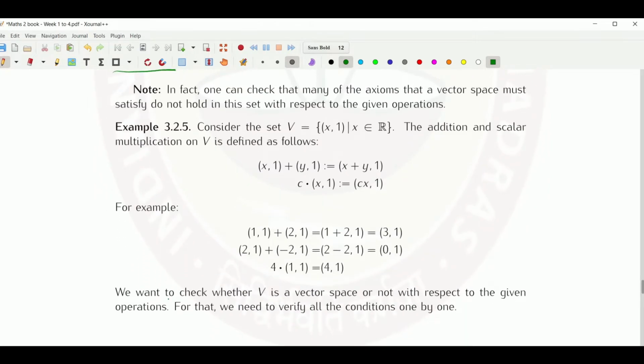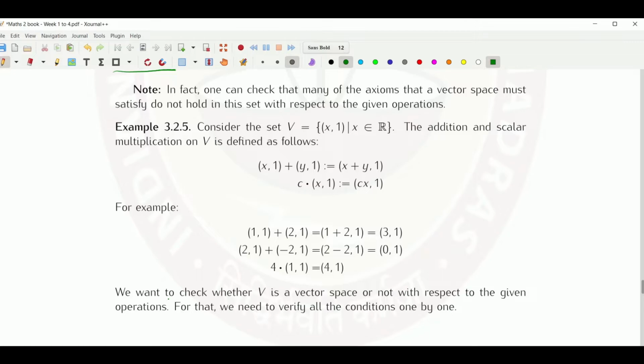Consider the set V is equal to x1, x belongs to real numbers. The addition and scalar multiplication on V are defined as: x1 plus y1 is equal to x plus y and 1, and scalar multiplication c dot x1 is equal to cx and 1. So what it will be?